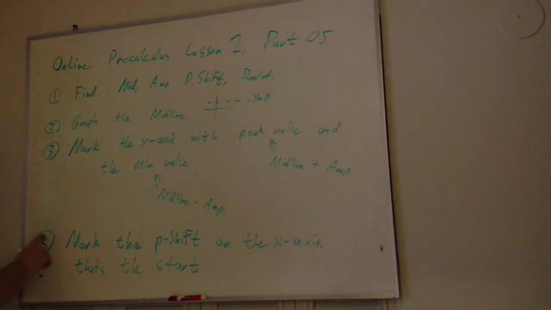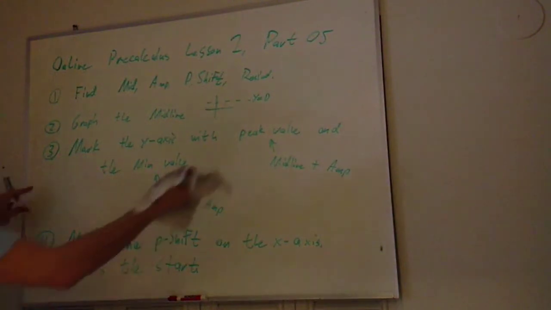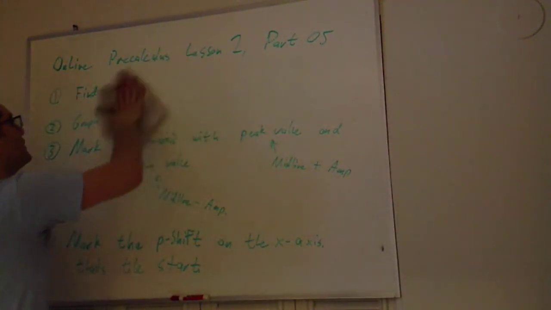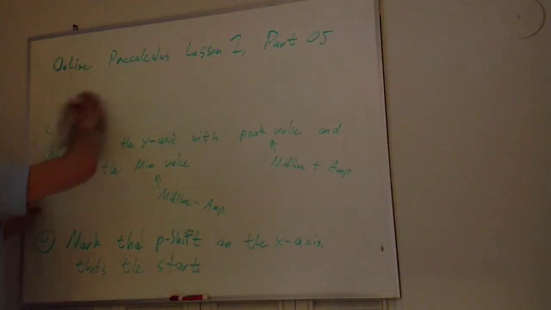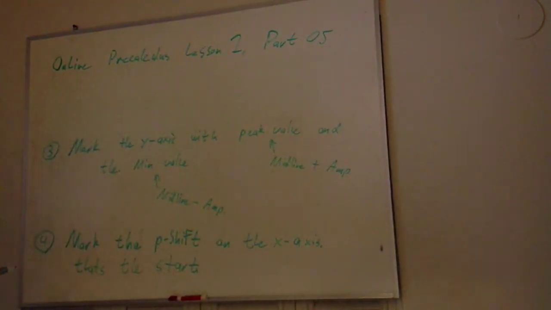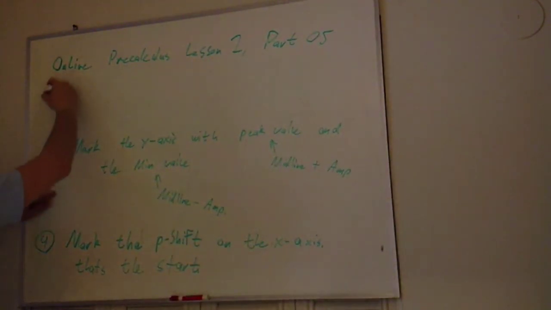Oh, that's not step 3, that's step 4. Turns out there are too many steps for me. I'm going to start erasing things from the top. Okay, back around to step 5.